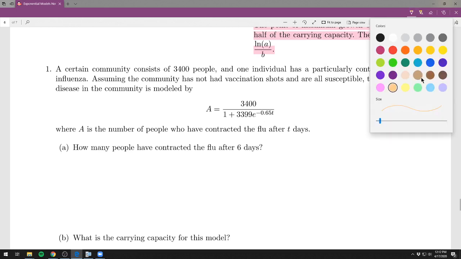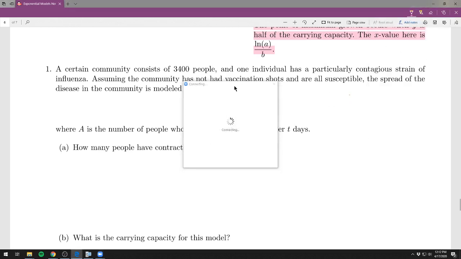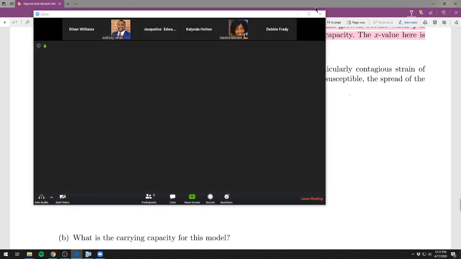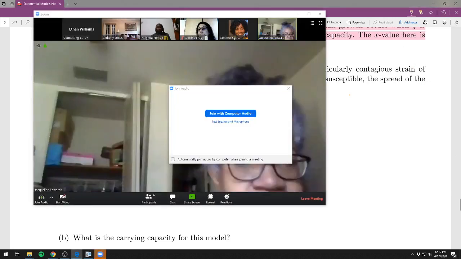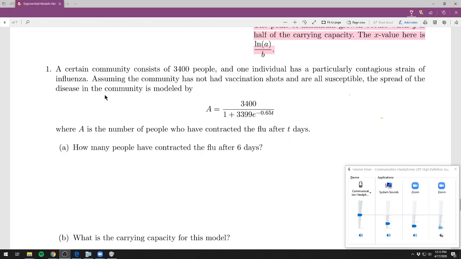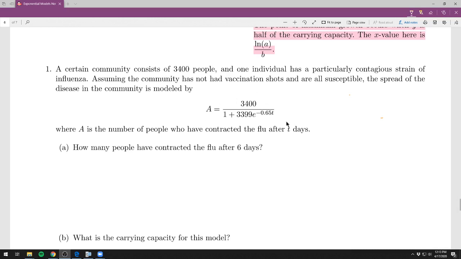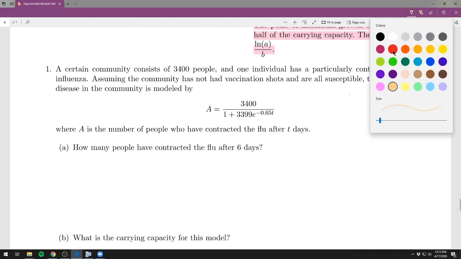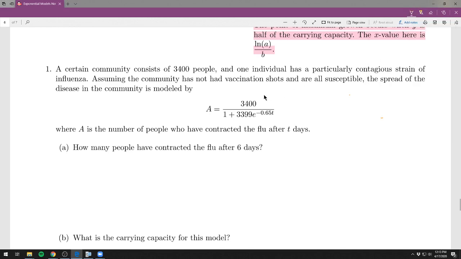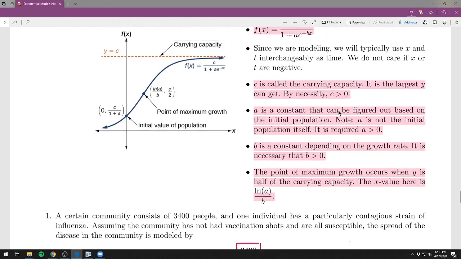All right, now the important thing that I'm going to point out right away. Before something popped up on my screen, the one thing I wanted to say, the carrying capacity is in the formula. That's the one thing you definitely want to point out. You will often in the problems be asked about it. The carrying capacity is the top of the fraction here, right?